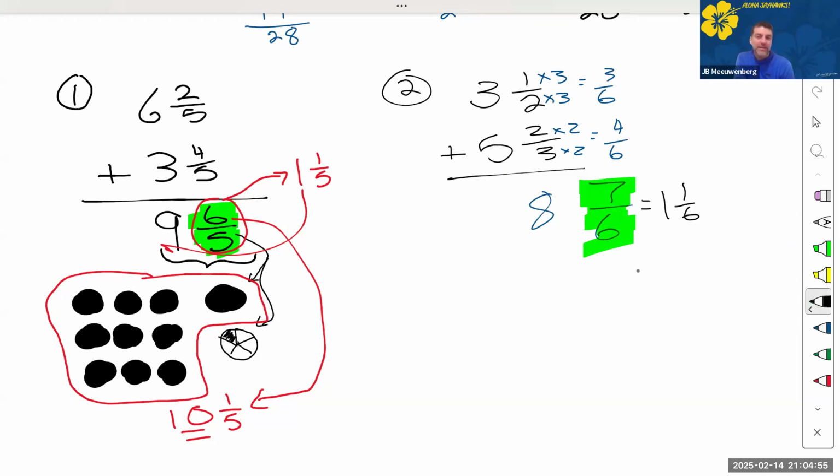It's kind of like in decimals where you would put the 1/6 here, carry the 1 to the next column, and then add 1 plus 8 to get 9. It's the same thing again when you add decimals and you get more than 10. It's the same idea here. So hopefully you were able to get 9 1/6. Hopefully that is making sense to you.